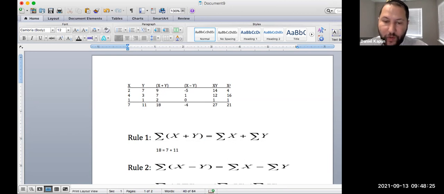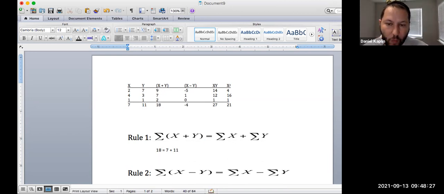Now, if we were to continue to work through the math, we would want to prove this rule to be true. 18 is equal to 7 plus 11. Well, what's 7 plus 11? 18. So now I have taken the numbers above and proven rule 1.